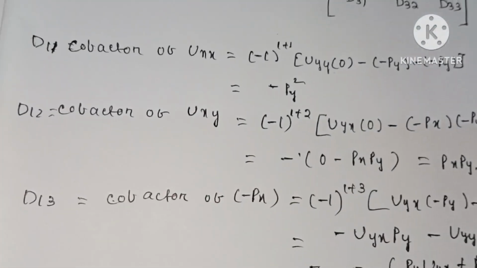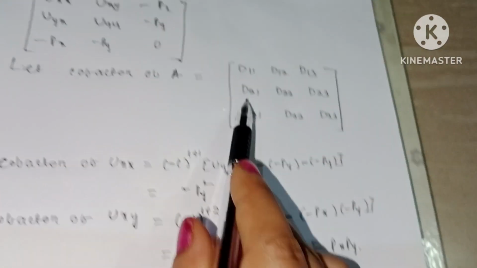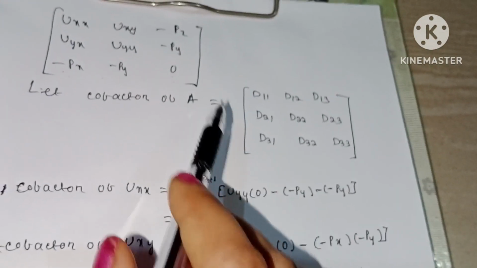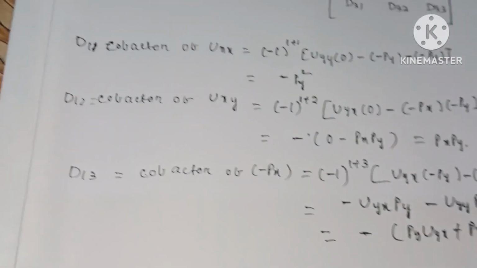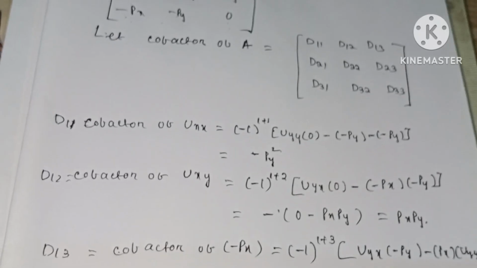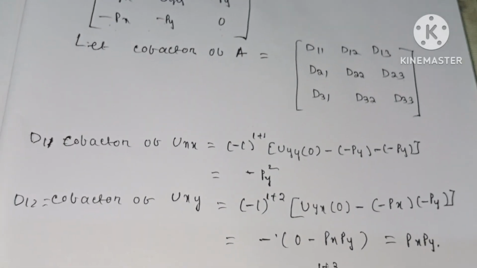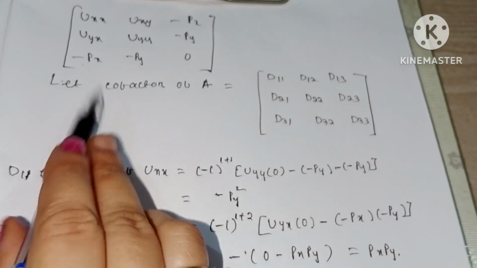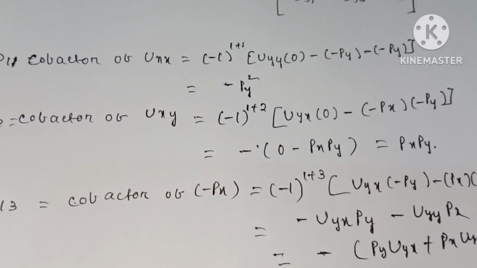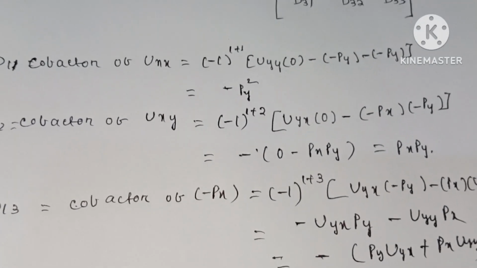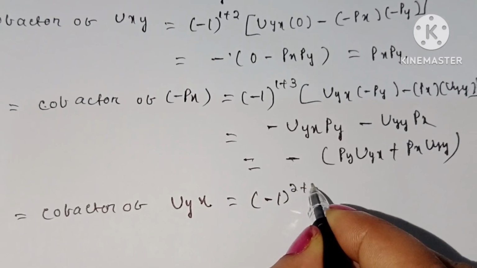Now we will calculate the value of D21, that is, the cofactor of uyx. So this equals minus 1 to the power 2 plus 1.